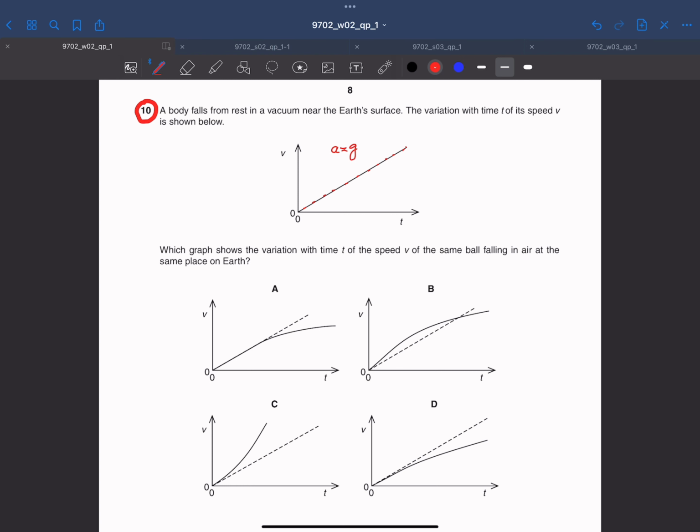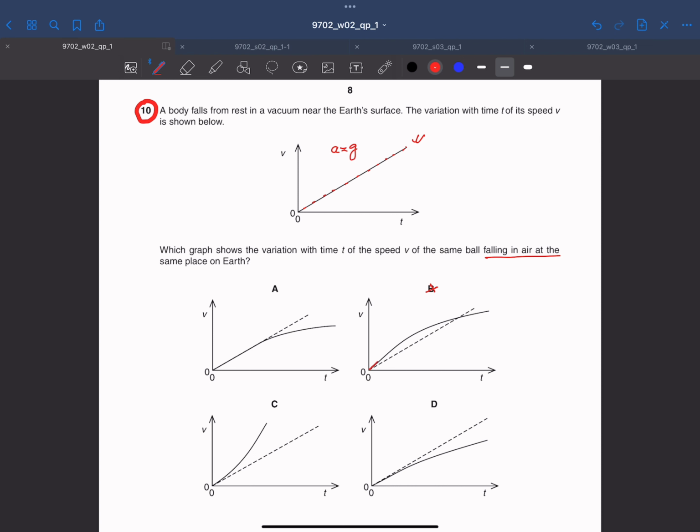So when you are considering the situation with air friction, what will be the situation of the graph? Remember one thing, what we can outrightly reject: B we can reject, because if you are dealing with the dashed line as the original line here, never ever can this go up.